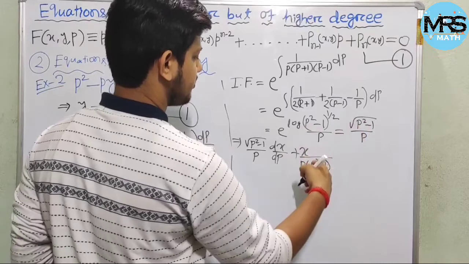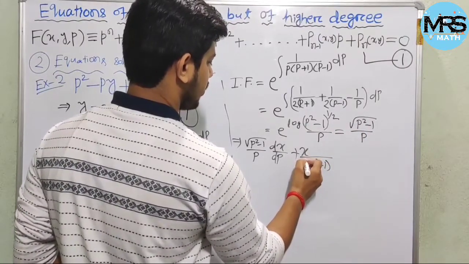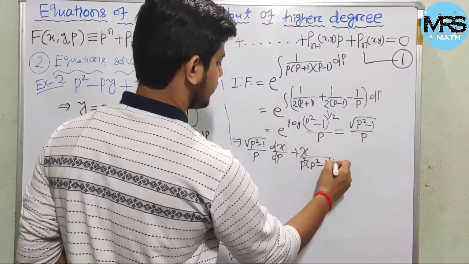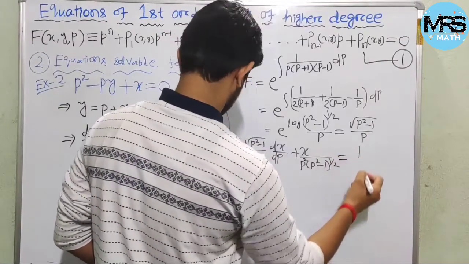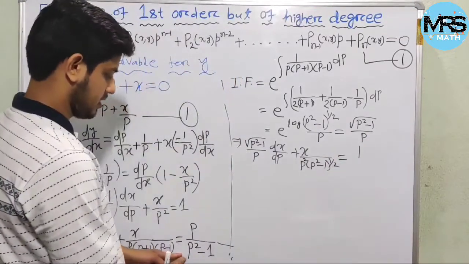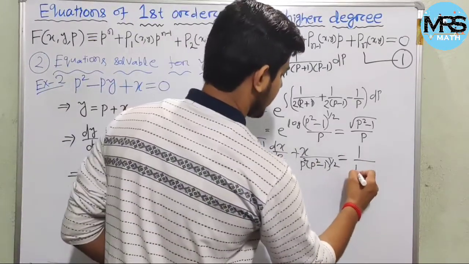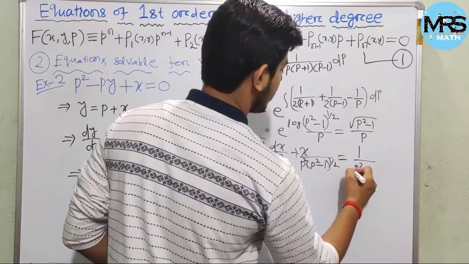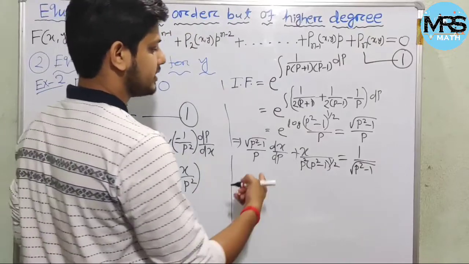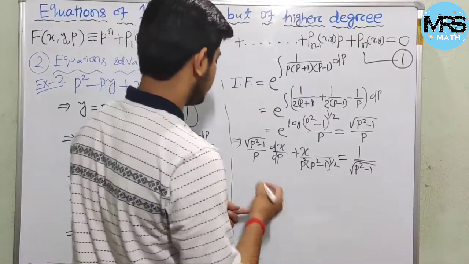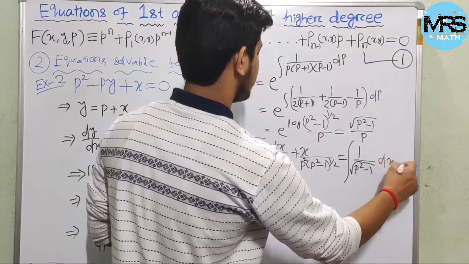If this one multiplies, then this one will be p square minus 1 to the power 1 by 2, which is equal to this p it will cancel, so only 1 over root of p square minus 1. So now this is an exact differential equation, so we can do the integration on both the sides.